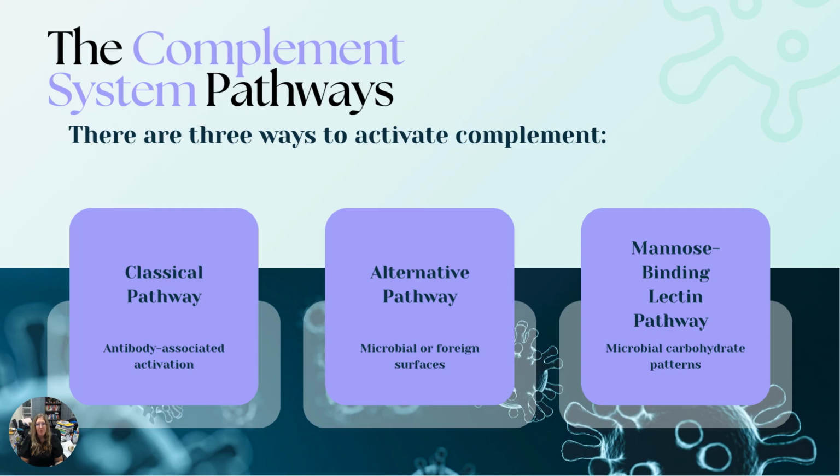And the mannose binding lectin pathway recognizes carbohydrate patterns, particularly mannose containing structures, on microorganisms. So the starting points are different, but here's the important part of it: they don't stay separate forever.